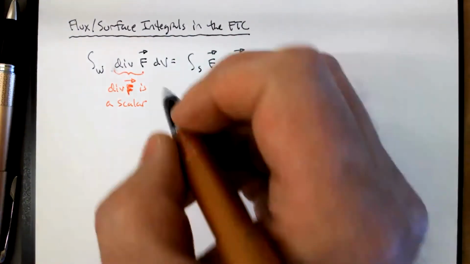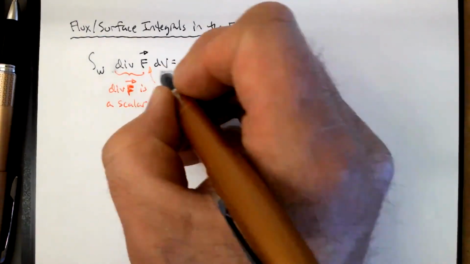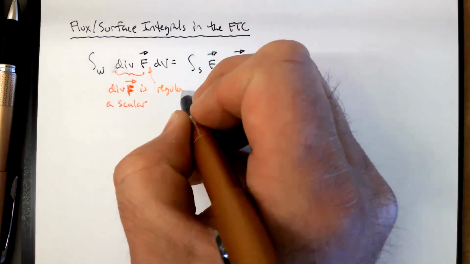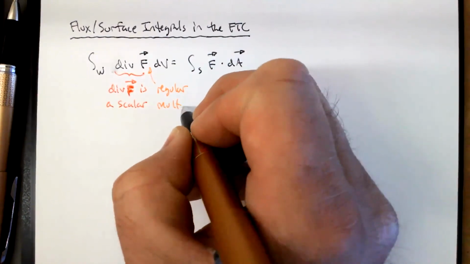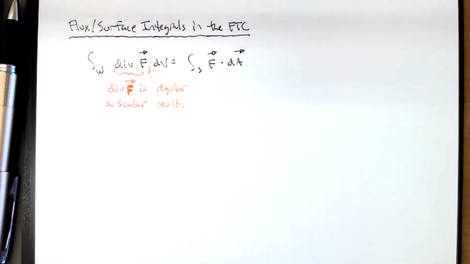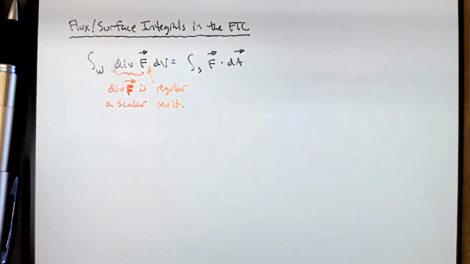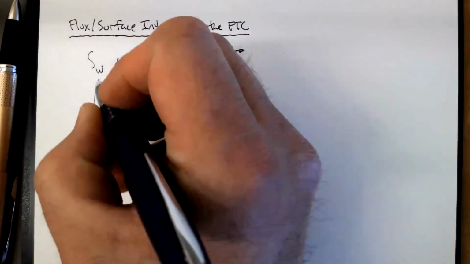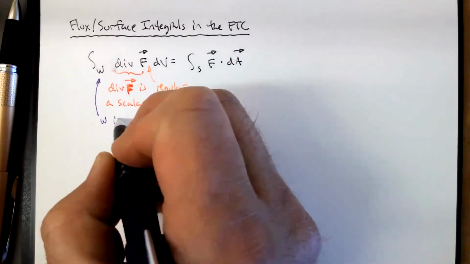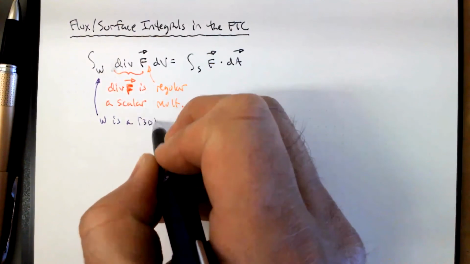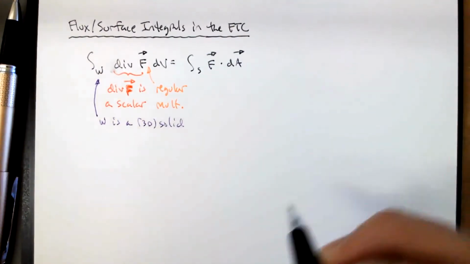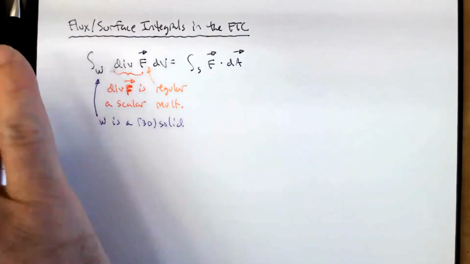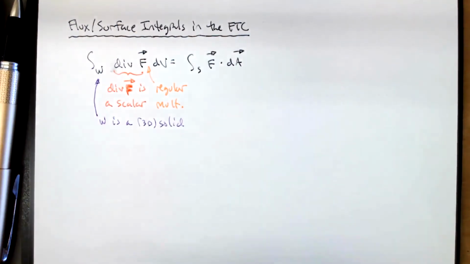So this is regular multiplication, not a dot product. W is a solid. And S is the surface of the solid W.